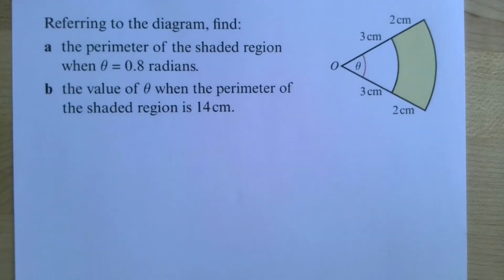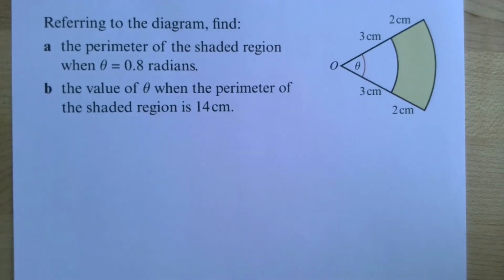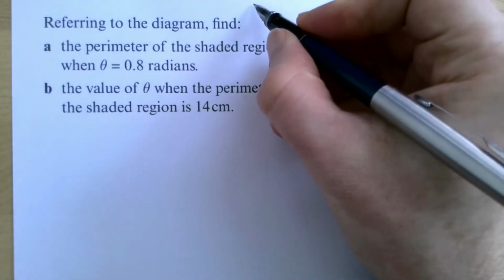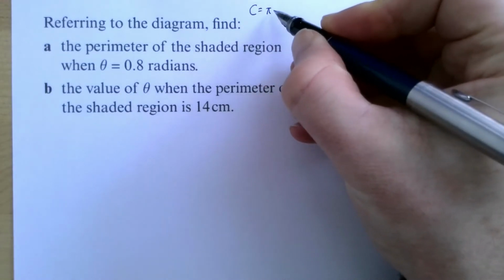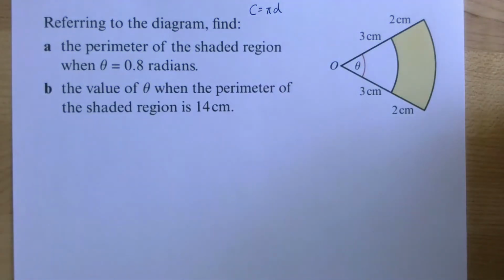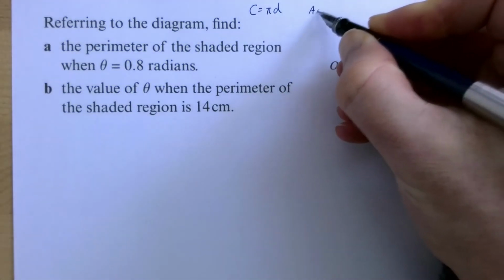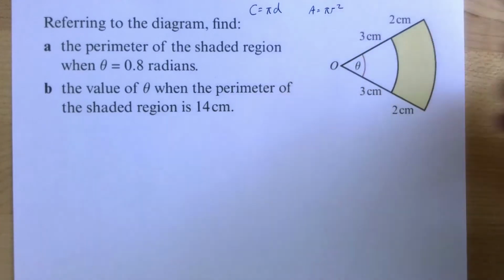Right, copy this problem down, pause the video, see what you can remember about radians. And we're going straight in with a thing like this, and I'm not going to tell you what the formulae are. You've got to remember them because they're not in the formula booklet, and I think the best way is just to figure them out from first principles, because you know that the circumference of a circle is pi times the diameter, and you also know that the area is pi r squared.